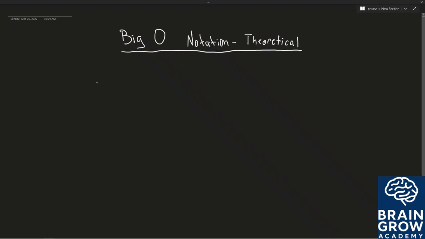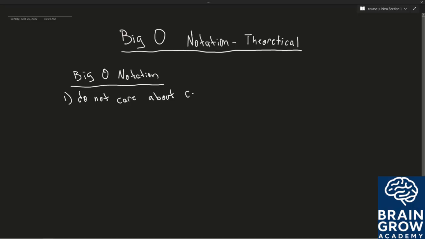So now we're going to talk about theoretical evaluation. So remember, big O, there's 2 things that we need to keep in mind. The first being, we do not care about coefficients, and we will abbreviate that as coef.